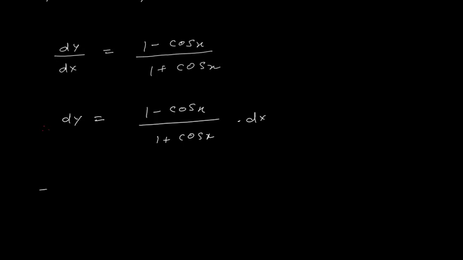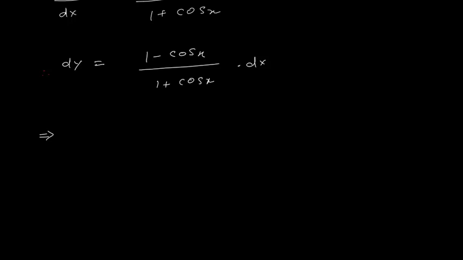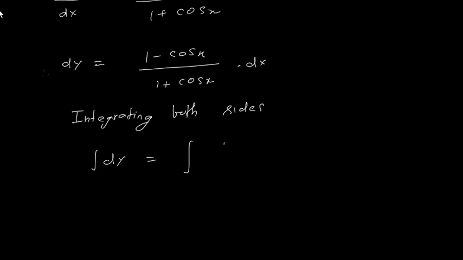Therefore, integrating both the sides, on the left side it will be integrated with respect to y, on the right side with respect to x. So the integral of (1 minus cos x) upon (1 plus cos x) dx.